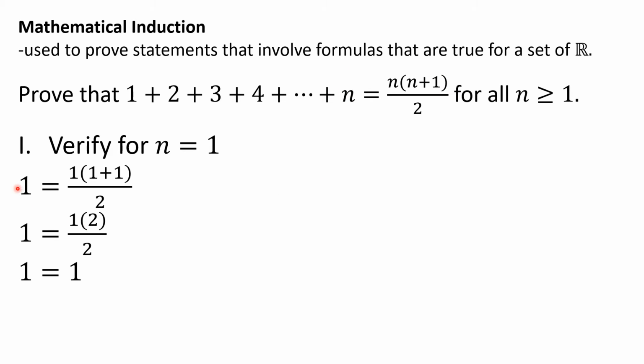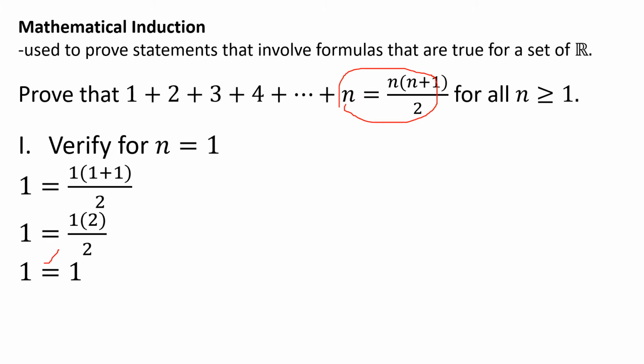All the variables n, you change into 1. So we have now 1 times the quantity 1 plus 1 over 2. By simplifying, 1 plus 1 is 2, and then 1 times 2 is 2. 2 divided by 2 is 1. So therefore, 1 is equal to 1, which is correct. Therefore, n equals 1 is true for this formula.